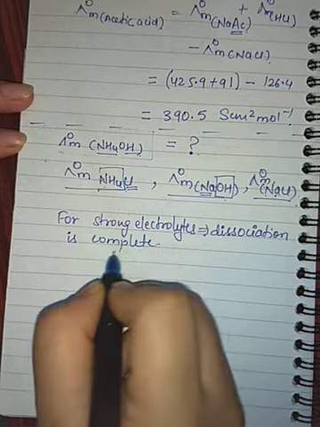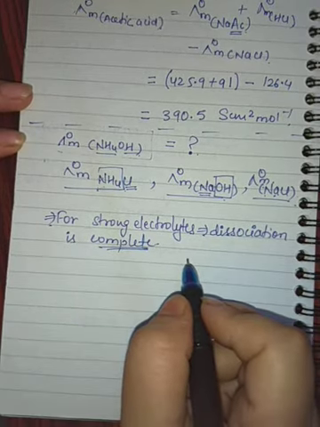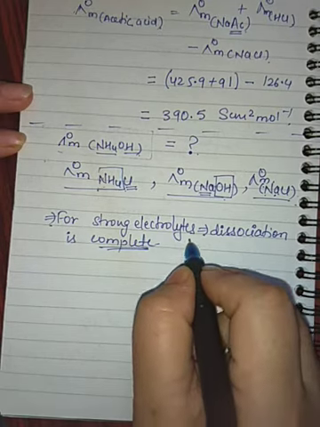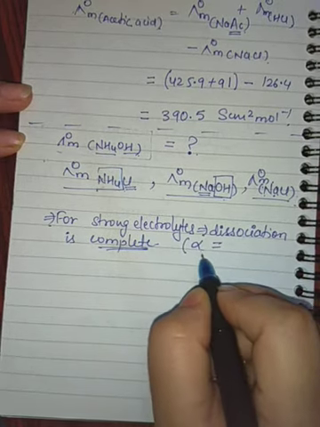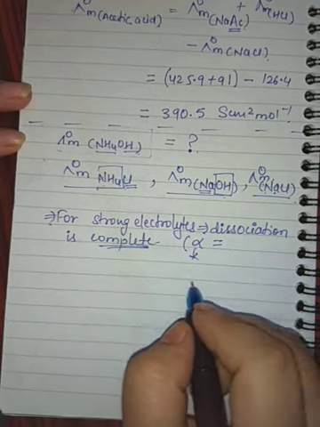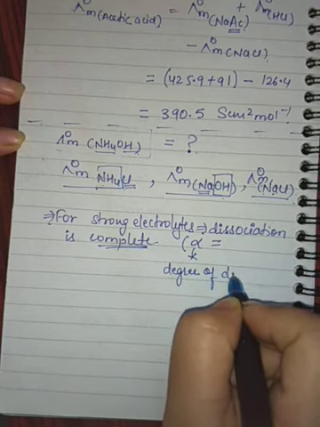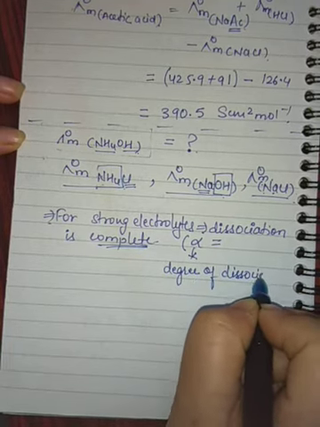Whatever amount you add, all the amount is going to dissociate into ions. So for them, alpha, remember alpha from your 11th standard ionic equilibrium, alpha is degree of dissociation.